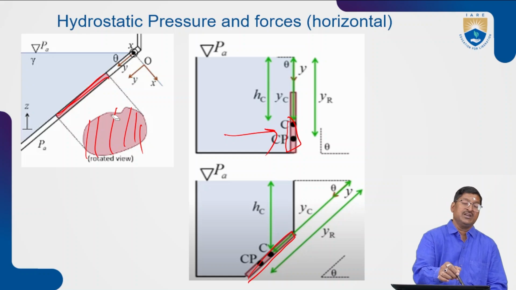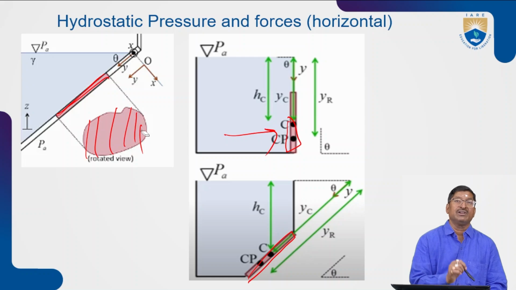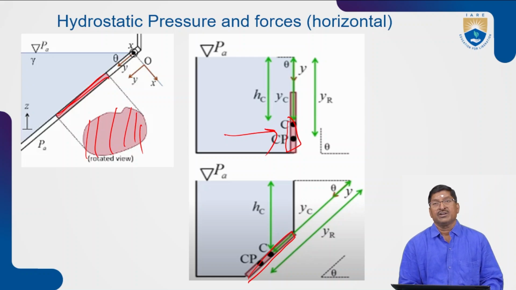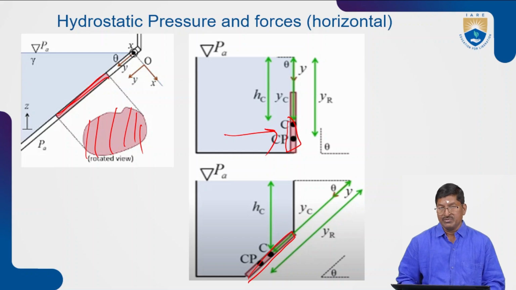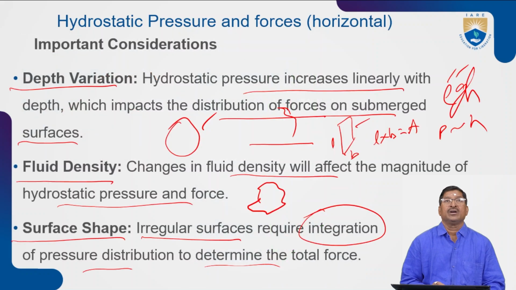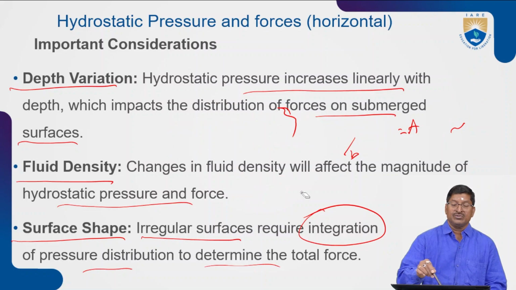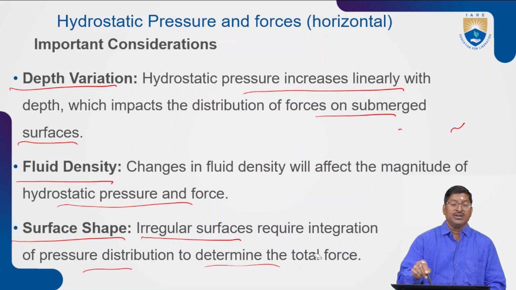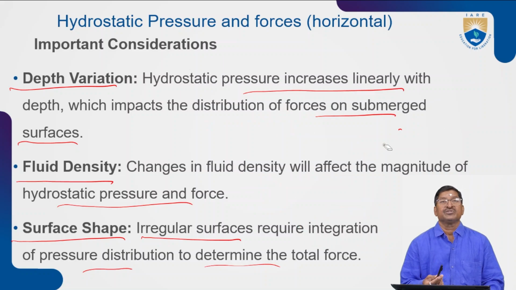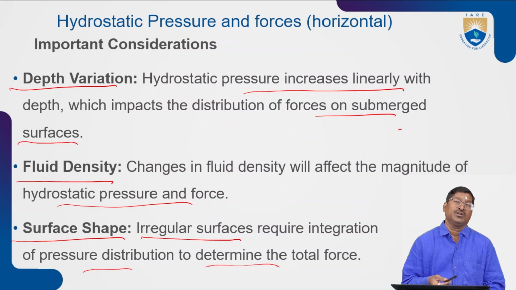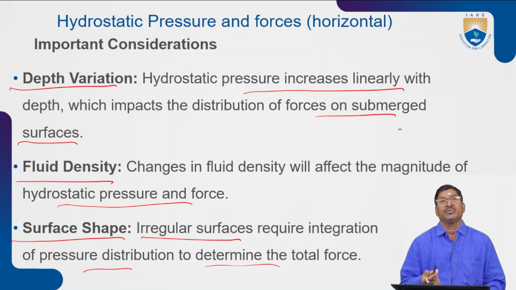Here is a surface which has a regular shape. This regular shape area we can get by means of integration methods. And the important considerations here are depth variation. Depth variation means if the submerged surface is deeper and deeper, the pressure also becomes more and more.